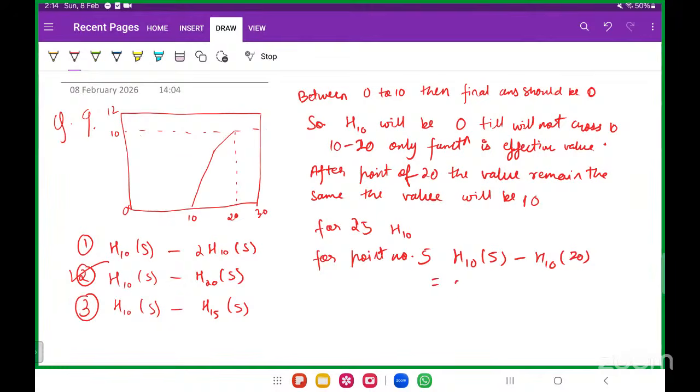For point 15: H10 of 15 minus H20 of 15. This value will become 5 minus 0, which is 5, that is correct. And at point 25, 15 minus 5, that value remains 10. So the correct answer is B.